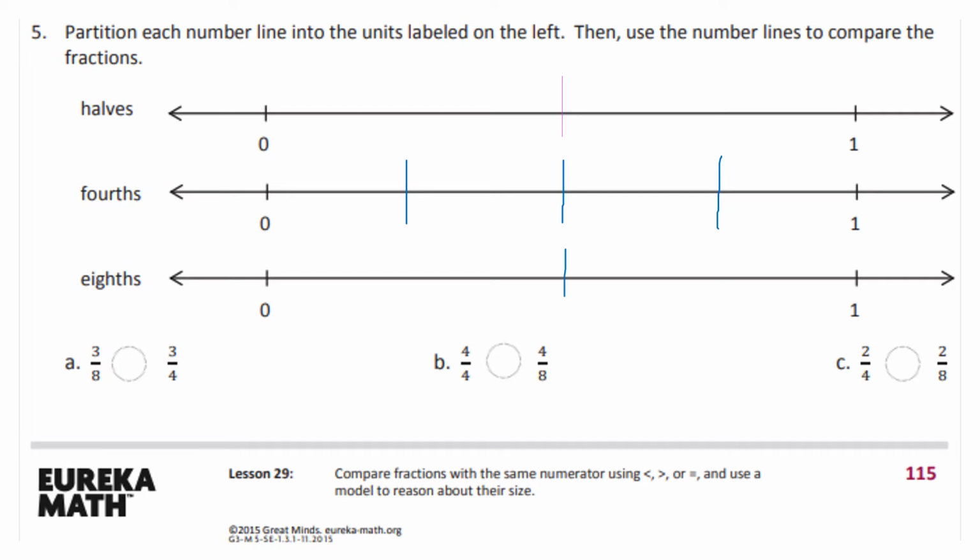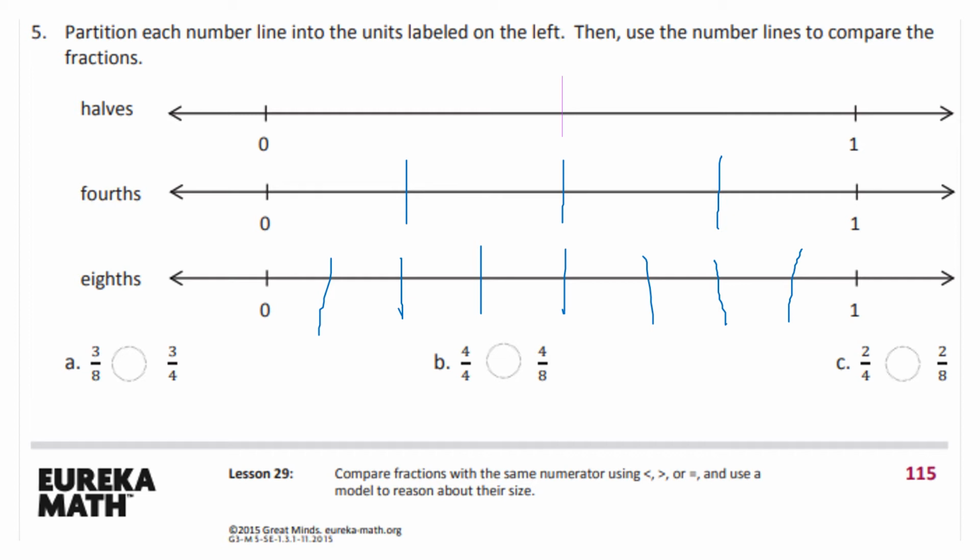And for eighths, it would be here. Let's see if I can make this one a little bit better for you. But I know you are starting to get the idea. And you are going to compare greater than and less than and equal to with these fractions.